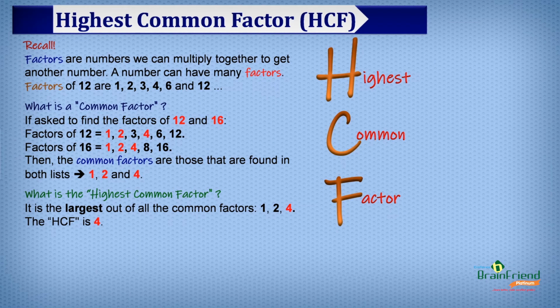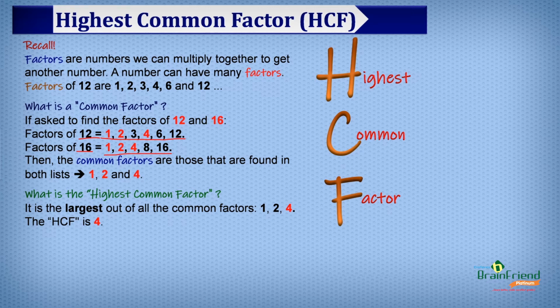The numbers 12 and 16, for example, we have their factors listed out. 1, 2, 3, 4, 6, and 12. That is for 12. And then we have the factors of 16 listed. 1, 2, 4, 8, and 16.